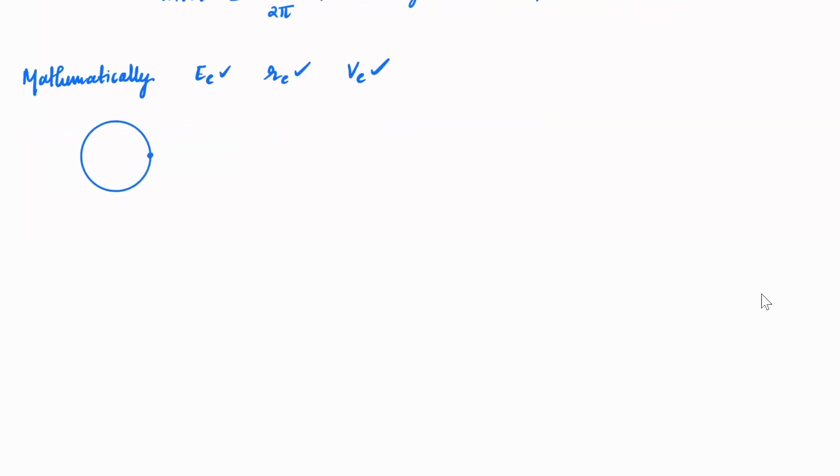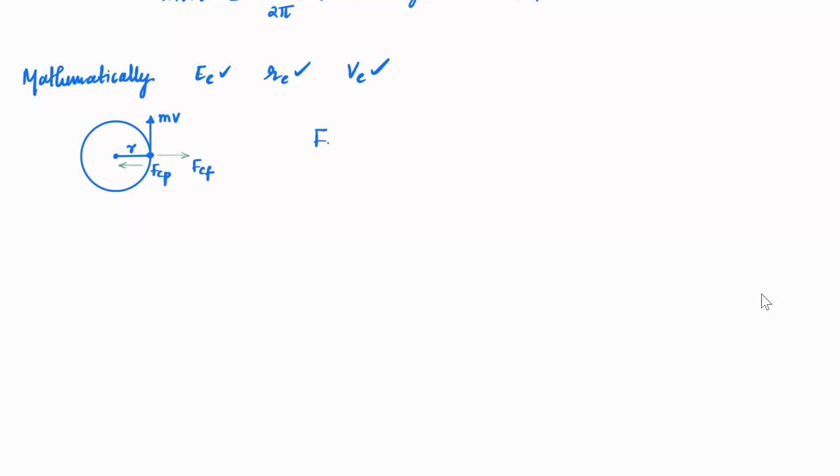When an electron is present somewhere away from the nucleus at a distance r, and it has linear momentum mv, there are two forces. One force is trying to pull it inside, which is called centripetal force, and one force is trying to pull it outward, which is called centrifugal force.